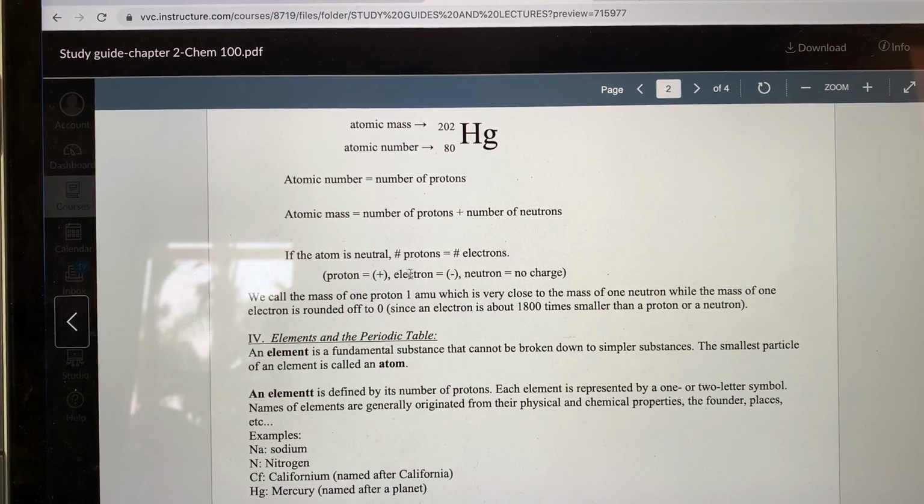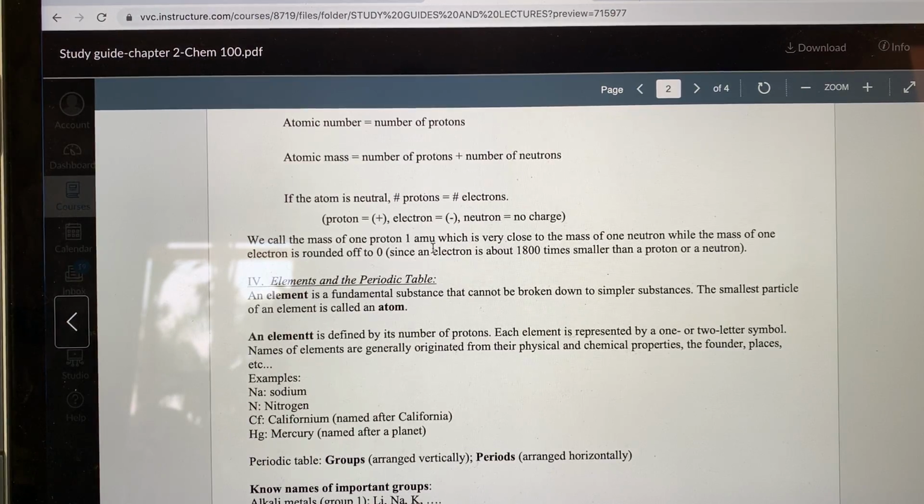In terms of mass, the actual mass of a proton or a neutron is really small, so to make it easy, we call a proton 1 AMU, and the same for a neutron. Very close in mass. However, the electron is so small, about 1800 times smaller than a proton or a neutron, so we just call that zero. For us, an electron has almost no mass.